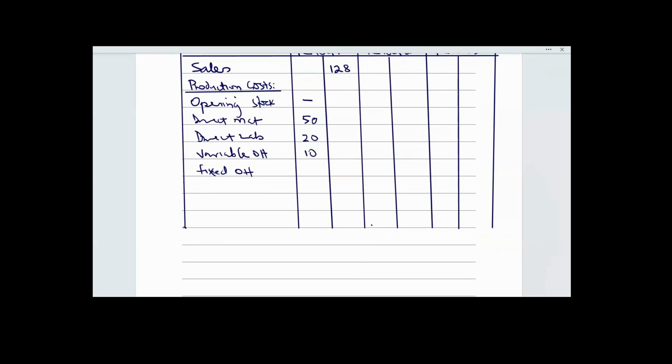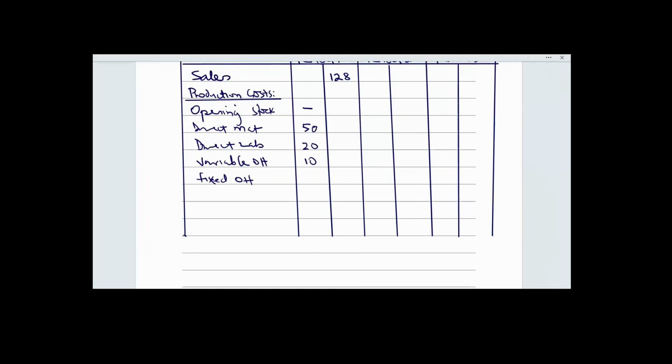Then, of course, because we are using absorption costing approach, fixed overhead is part of production cost. Therefore, how much is fixed production overhead per unit? That is your fixed overhead absorption rate.